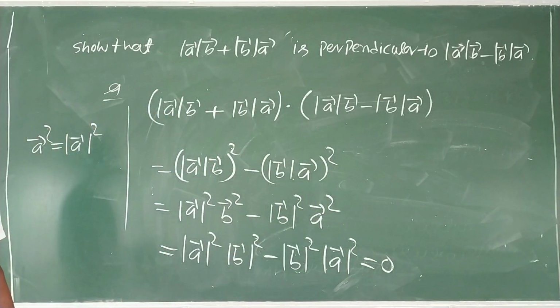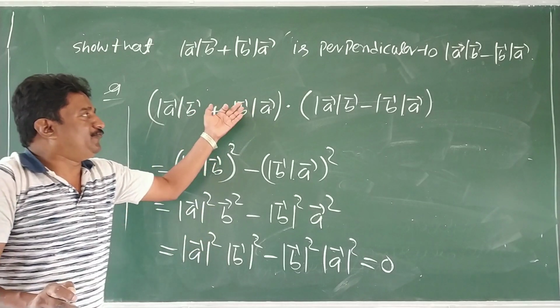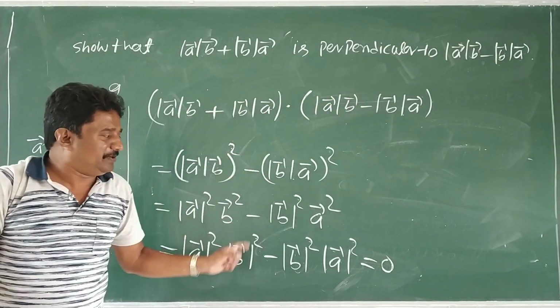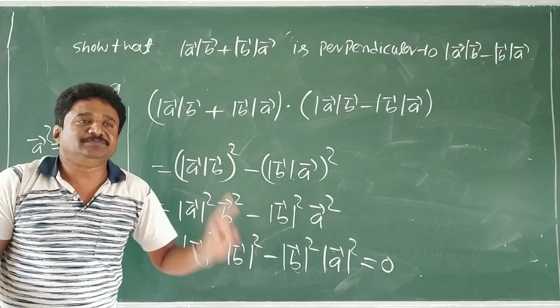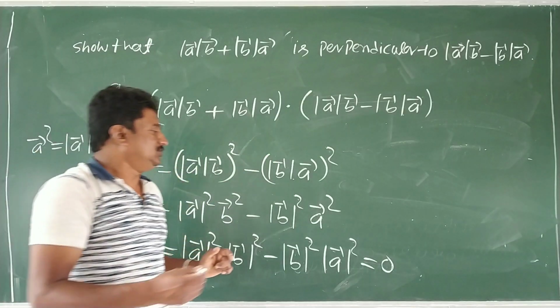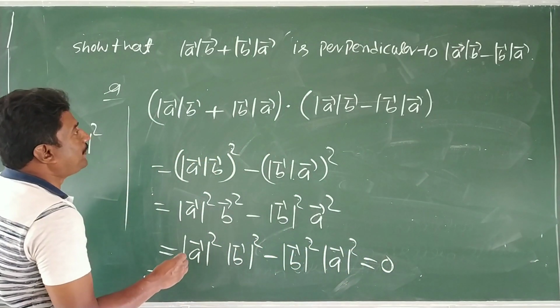What does it mean, students? What did you understand from this? The dot product of these two vectors is becoming 0. Dot product becomes 0 means the vectors are perpendicular according to the definition. That implies the given vectors are perpendicular.